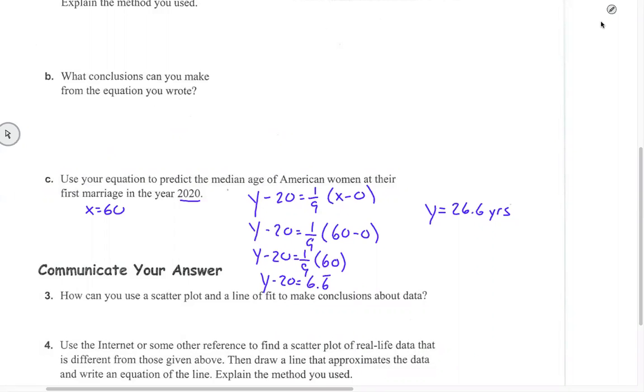So how can we use scatter plots and lines of best fit to make a conclusion about our data? Well, we can use it to predict the future, and we can use it to interpret our data. The closer the data is together, like the tighter that line is, the better the data goes together.